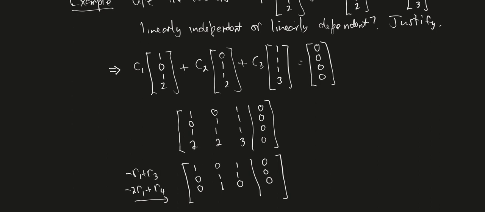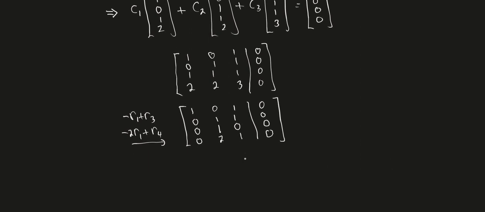And then let's see, eliminating the 2, this 2 will stay the same, and then we'll have a 1 there, and then that will be equal to 0, right? So this would now be our pivot, right? This would be our pivot.